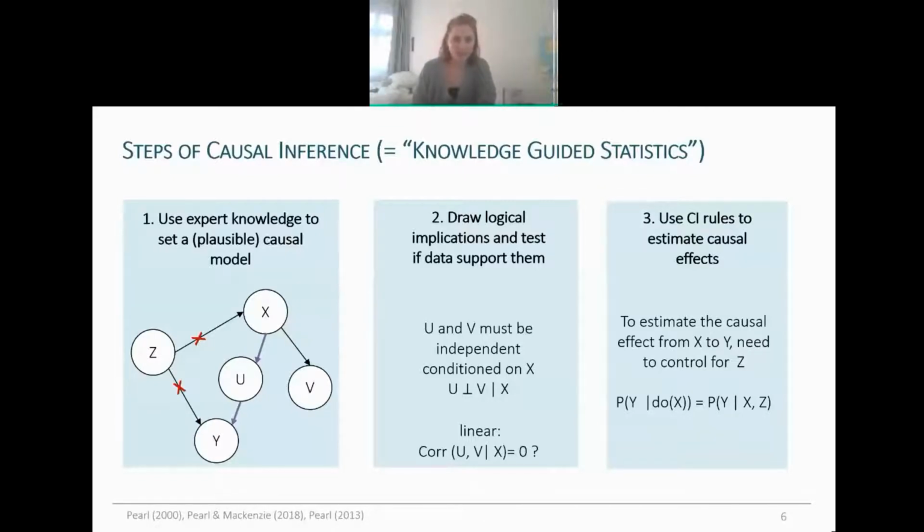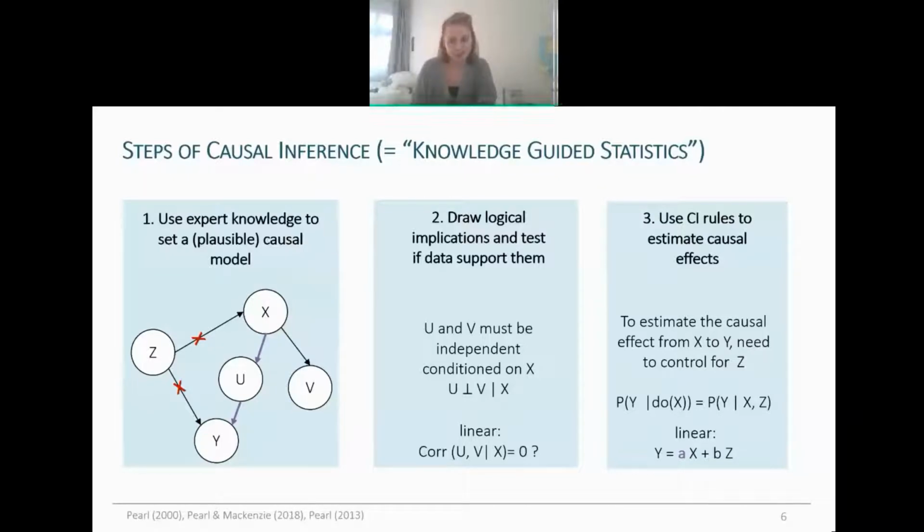And again, we can do this in the linear case very easily by just including it in our multi-linear regression model. And then we can indeed interpret this regression coefficient A as the causal effect from X on Y, of course based on the assumption of the causal model.